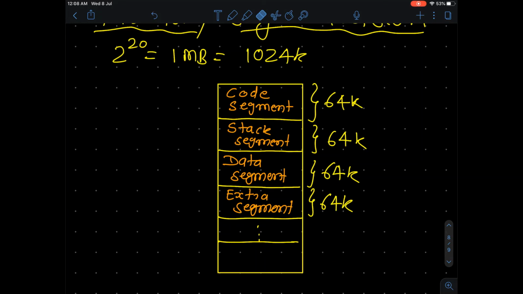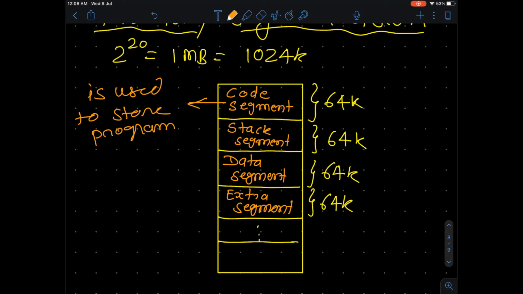Now, what is the function of these segments? The code segment is used to store the program, meaning program codes are stored here.